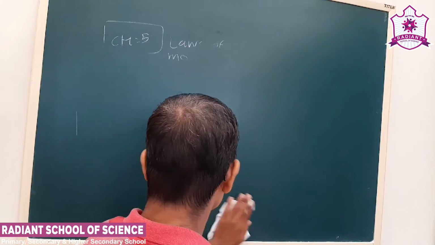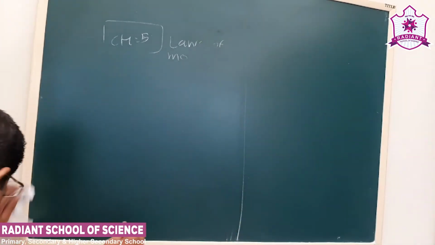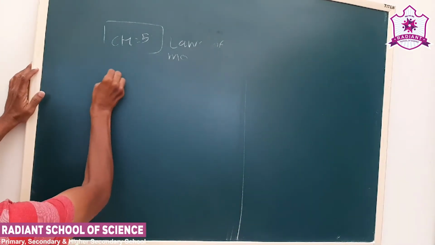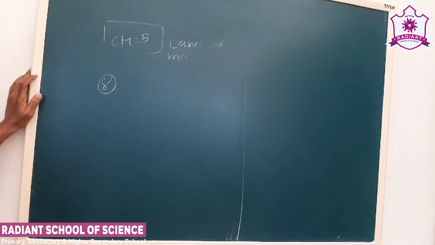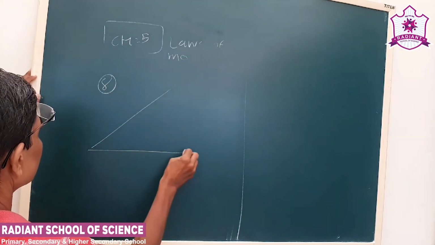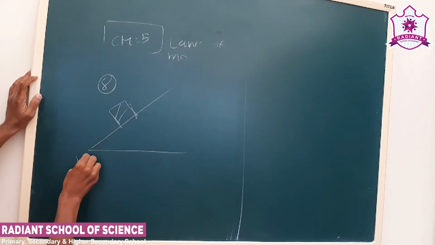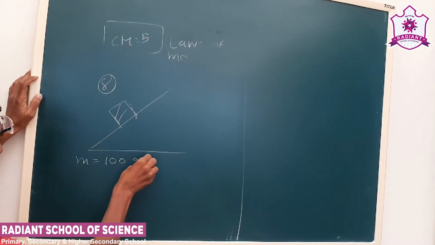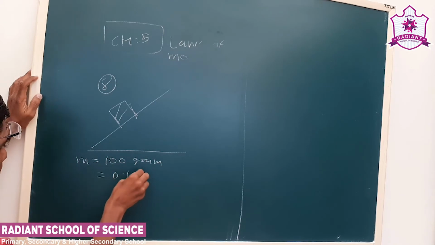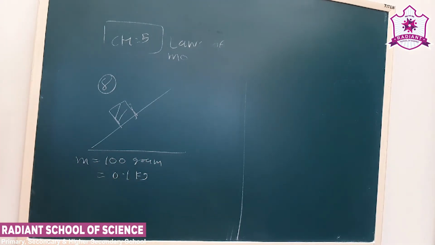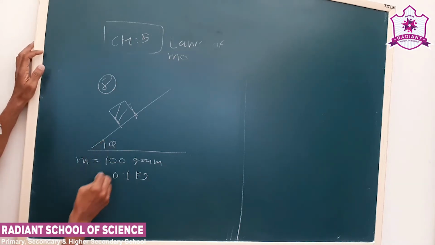Now see the next MCQ. Okay, see a 100 gram block A is lying stationary on a slope with angle theta of 30 degrees.